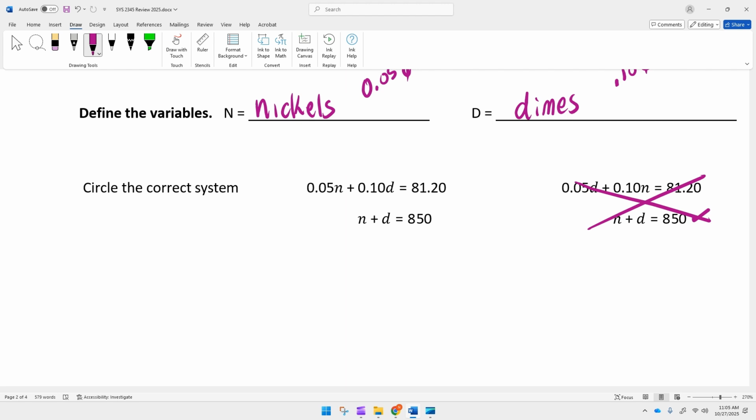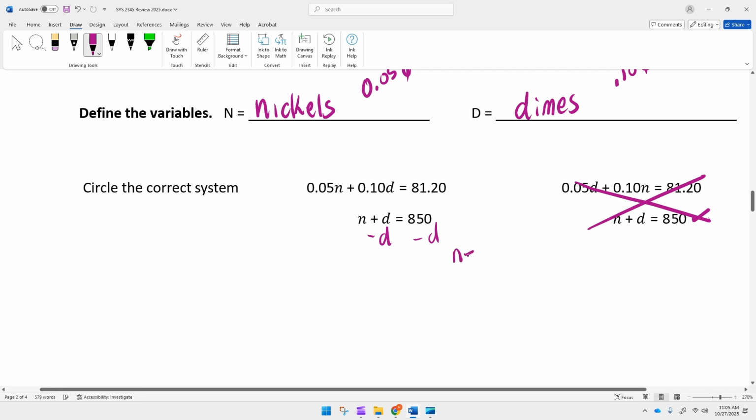Okay, in order to do substitution, you have to solve one of these equations for a variable. I'm going to do the second equation, and let's just solve for nickels. So that means I'm going to subtract D from both sides.